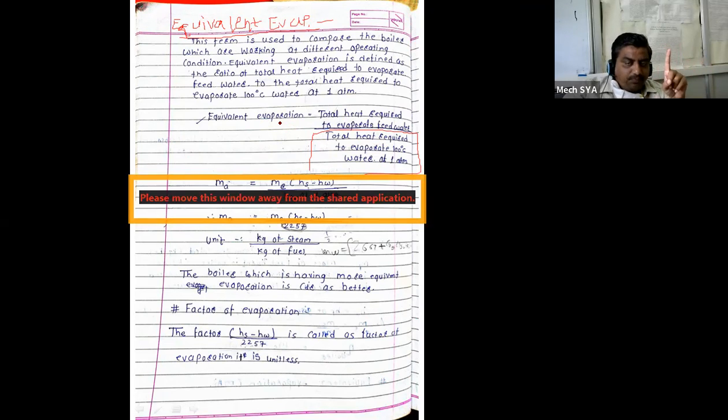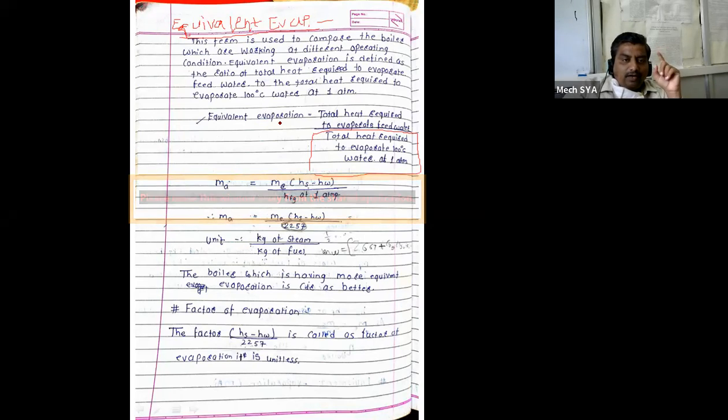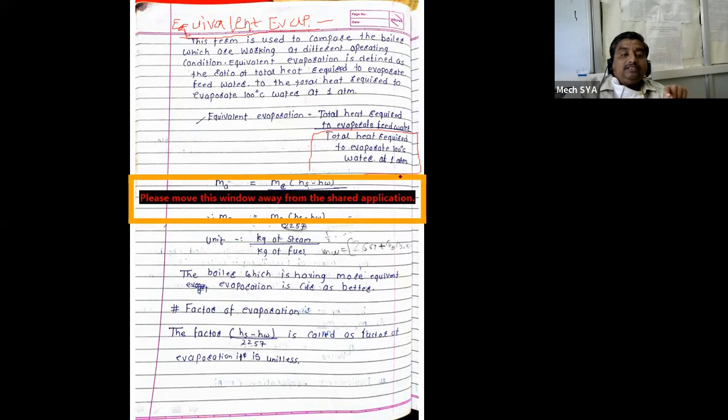It is defined as the ratio of total heat required to evaporate given feed water to the total heat required to evaporate 100 degrees Celsius water into 100 degrees Celsius steam at 1 atmosphere. This denominator represents the standard condition of a boiler. Now, the total heat required to evaporate 100 degrees Celsius water at 1 atmosphere, I will go to the steam table.